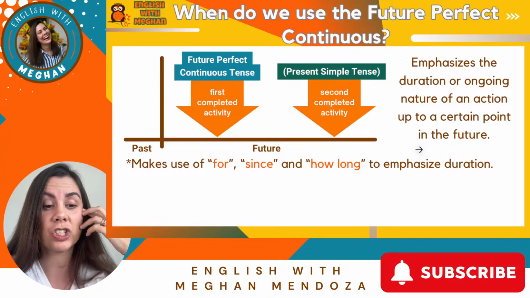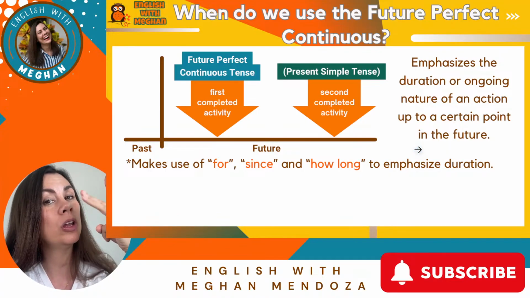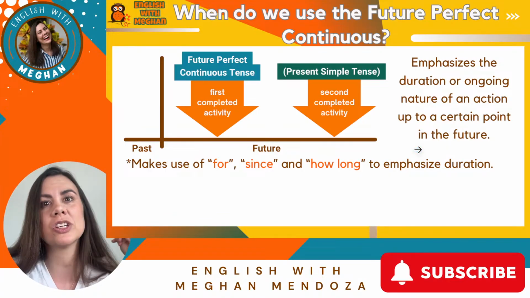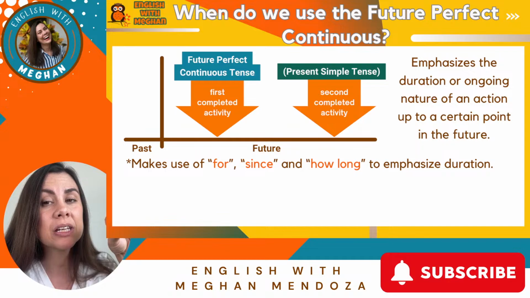Some more explanation. It makes use of for, since, and how long to emphasize duration. So if you have for plus a duration of time, for example, for 10 years, right?